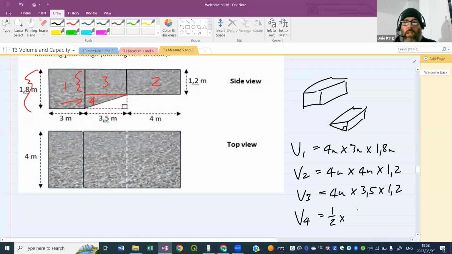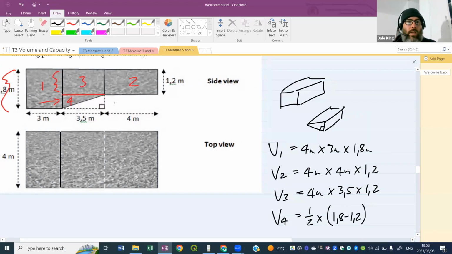I'm going to put that in a bracket for that side of the triangle. The height I'm going to use is this one here, doesn't matter which one you use. So that's the base, and this is the height, which is 3,5. Then I'm going to multiply by 4 at the end. So those are the volumes of all the prisms there.